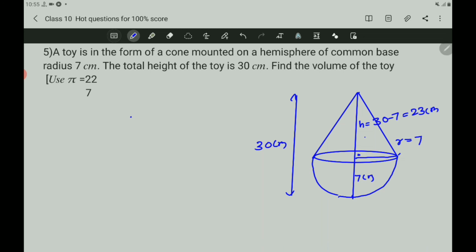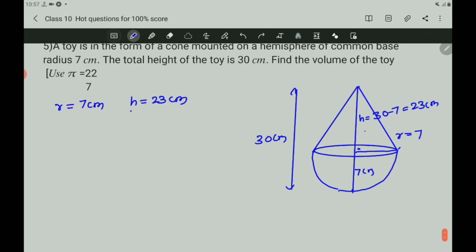Now here what is given? r equals 7 centimeter, common for both cone and hemisphere, and the height of the cone is 23 centimeter. Total height of the toy is 30 centimeter, and the height of the conical portion is 30 minus 7, that is 23 centimeter.